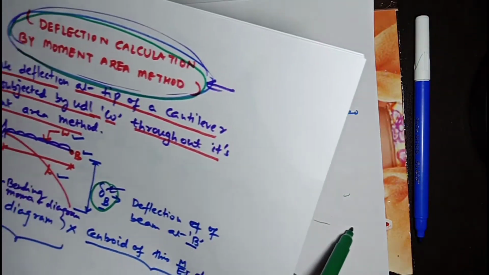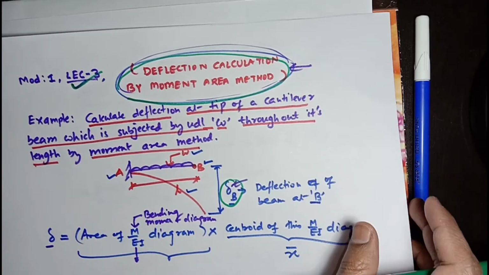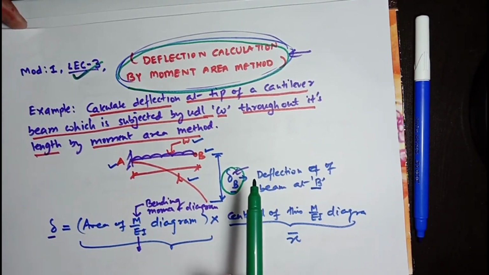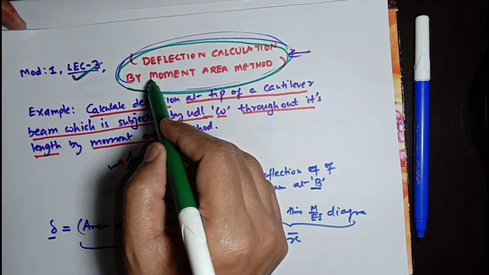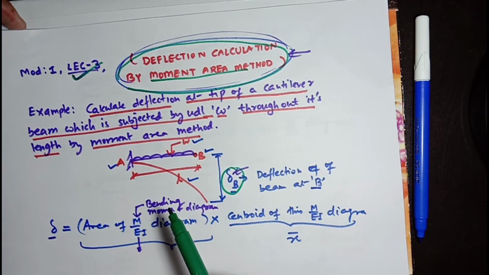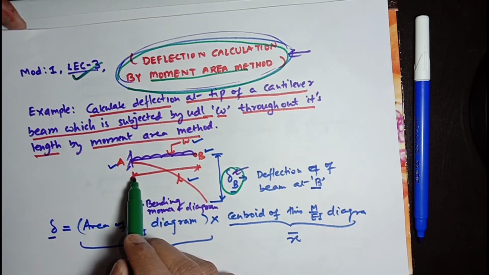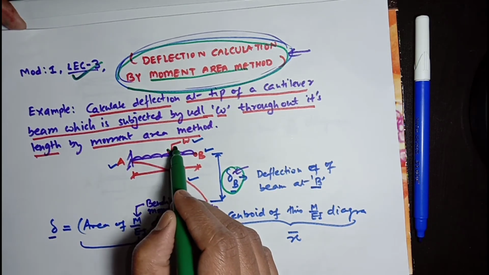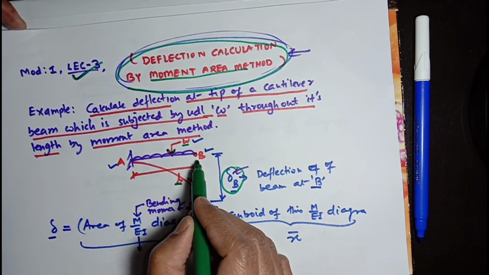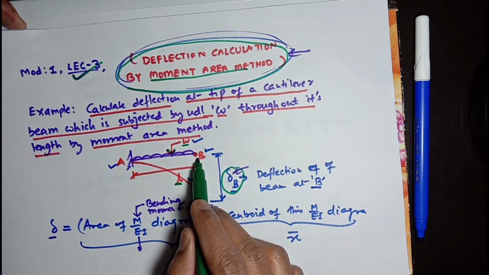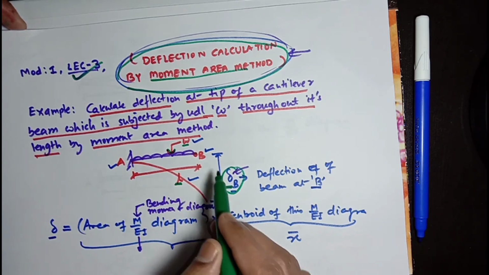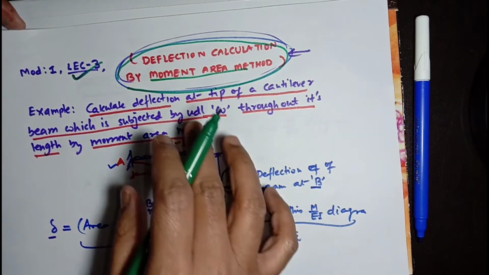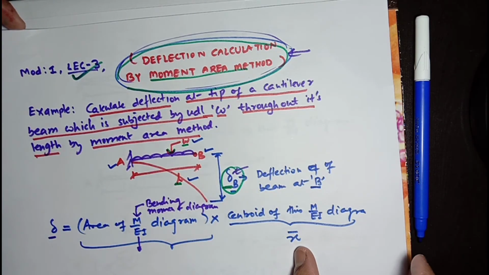In lecture 3 you will find the same example, which I have detailed with another method called the moment area method. The example is the same: the span of this beam is L, subjected to UDL W, and we calculated delta B for this beam using the moment area method.